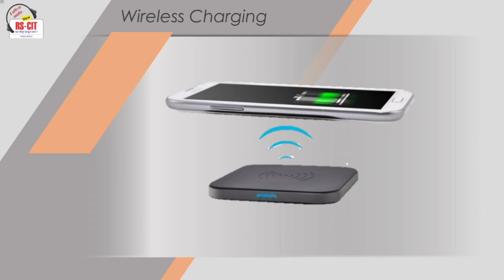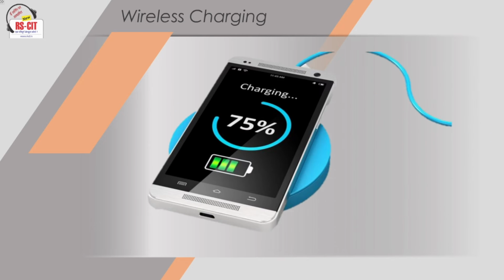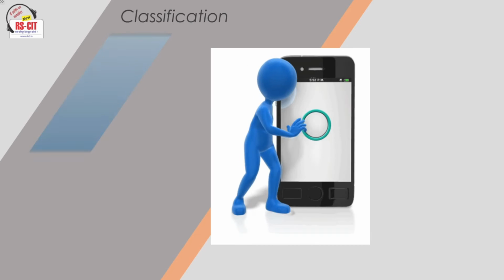The charger itself is of course connected to a power source, but your device doesn't have to be physically plugged in. More and more Android devices are supporting wireless charging, and it's likely that soon all Android devices will support this method. Wireless charging is still less efficient and more costly than standard charging over a wire.